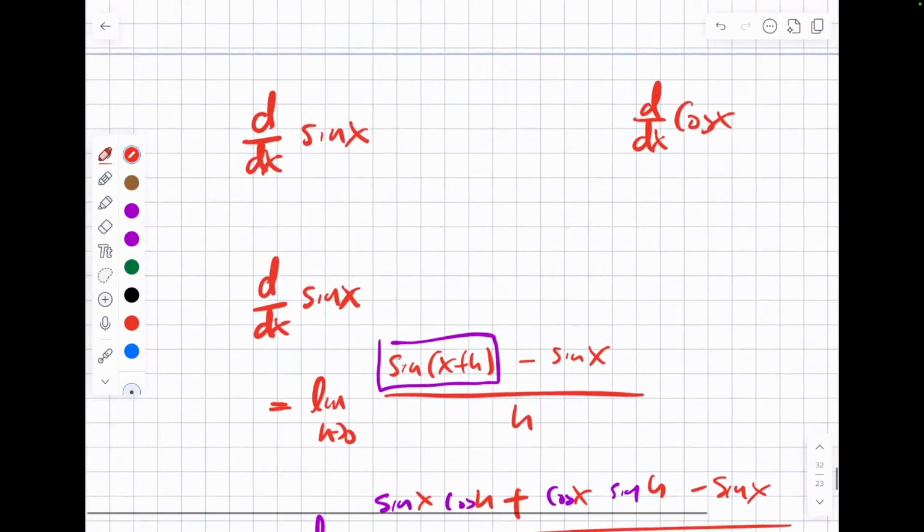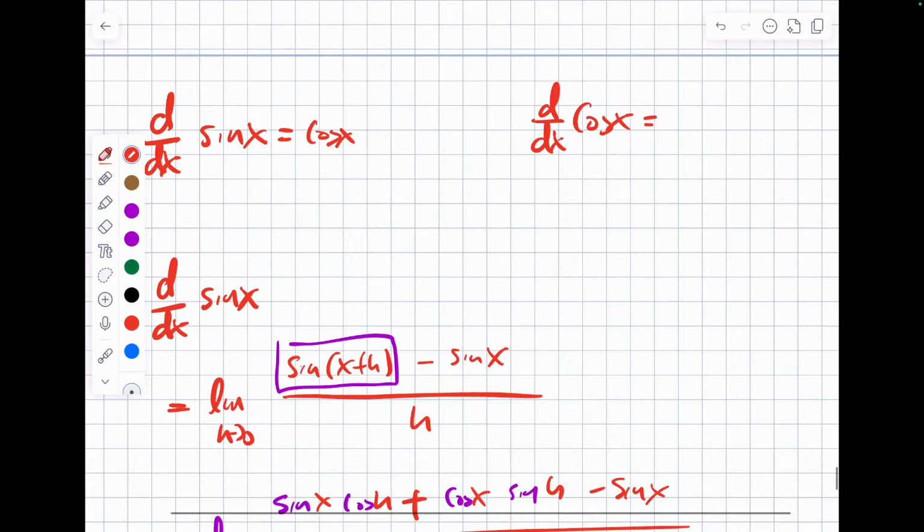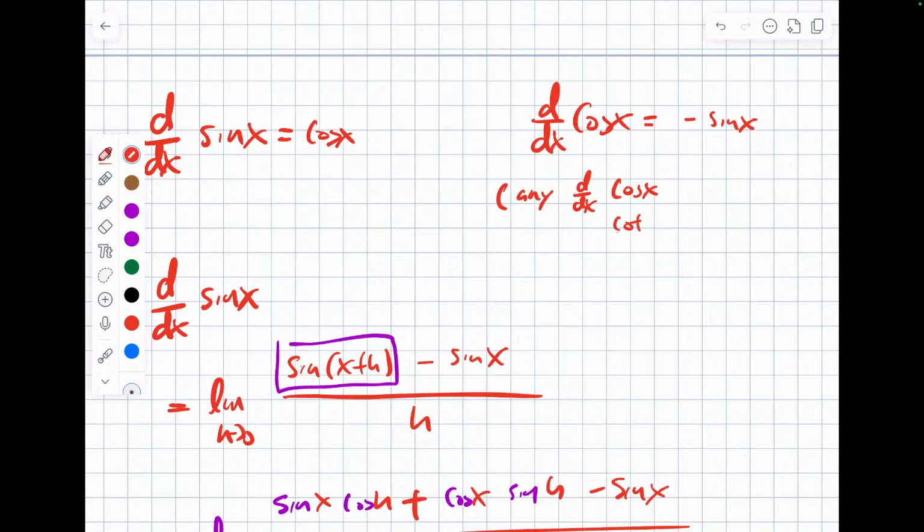So I'm just going to tell you the derivative of sine of x is equal to cosine of x. The derivative of cosine of x is equal to negative sine of x. Now, I'm also going to give you a hint. Any derivative of cosine of x, cotangent of x, cosecant of x will result in a negative.